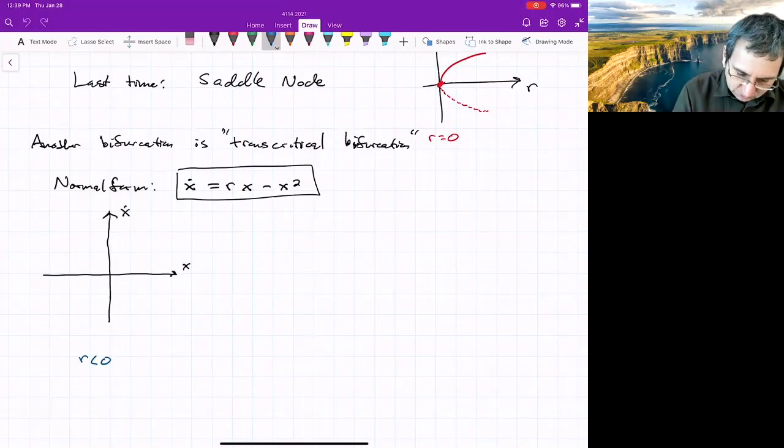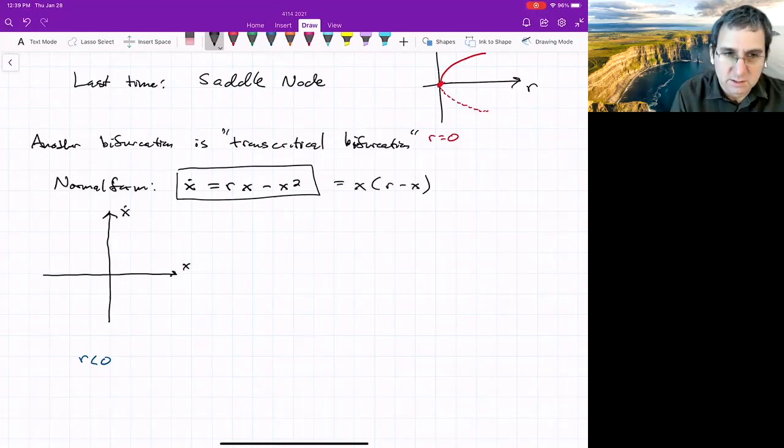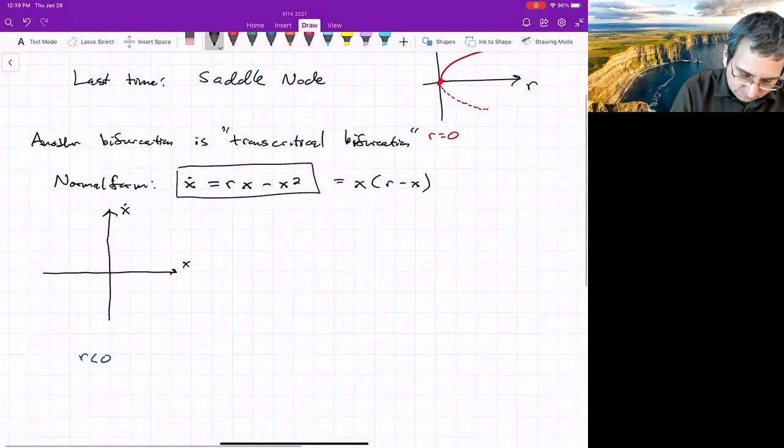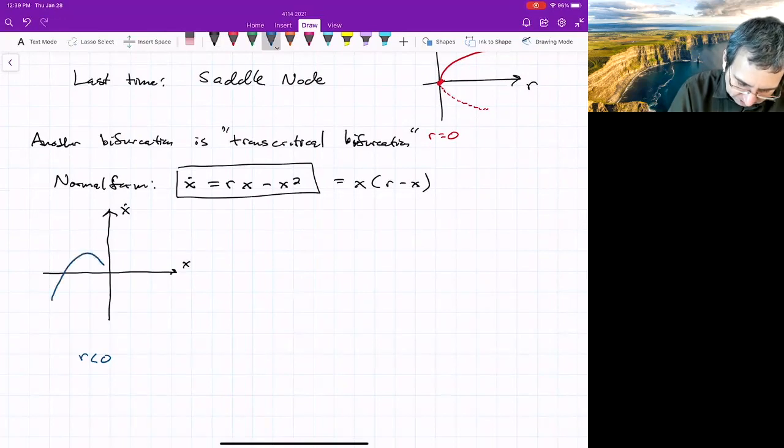It has to pass through 0. Notice this is x times (r minus x), so x dot has to equal 0 at 0. So this will be a parabola opening downward passing through 0. Okay, so we would have a fixed point at 0 and a fixed point here.